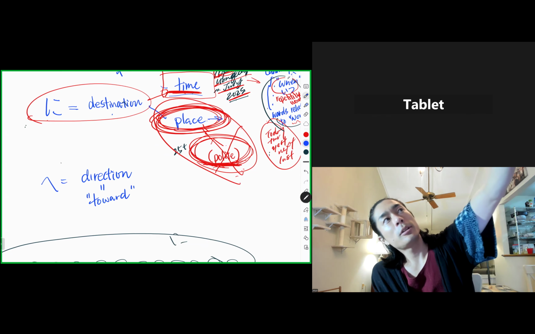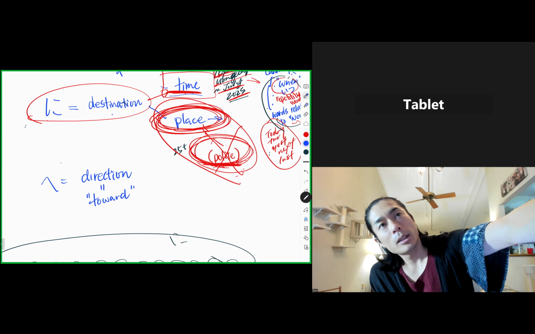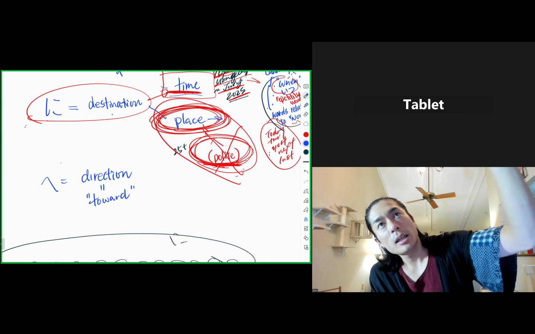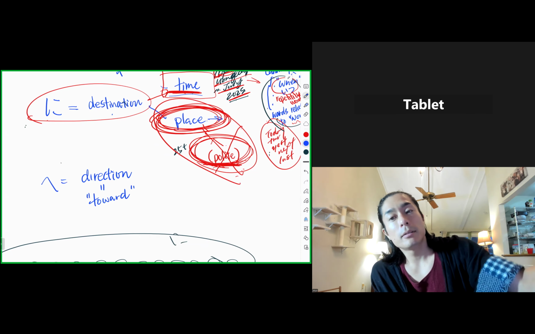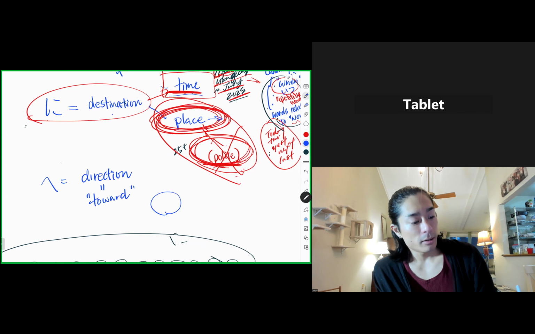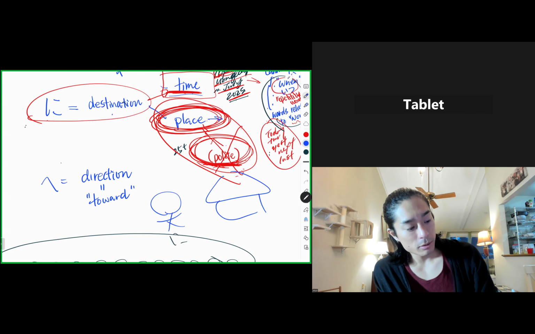I'm walking toward my school. Does that mean I have to reach school or not? I don't need to, right? I could be walking toward school, but my destination could be a convenience store before I reach the school.